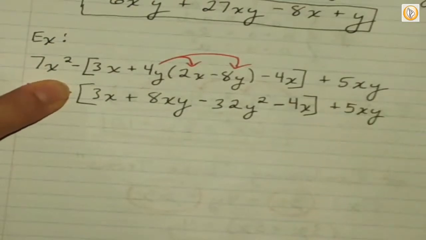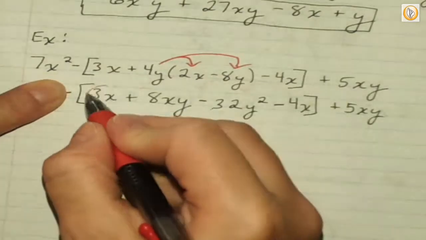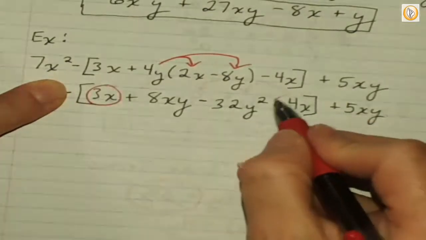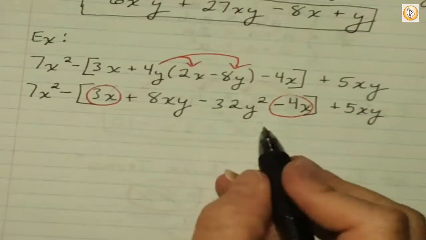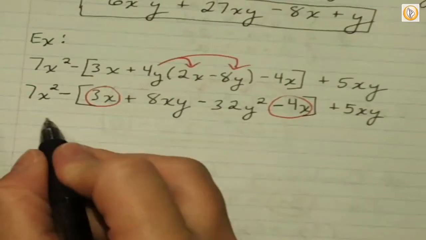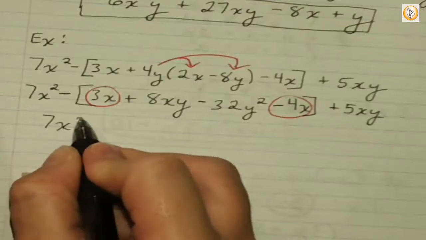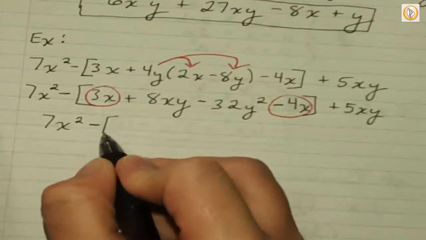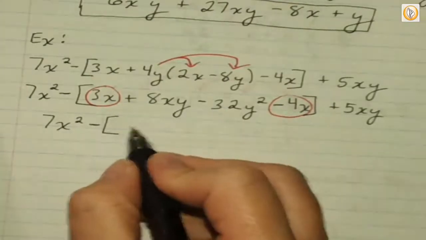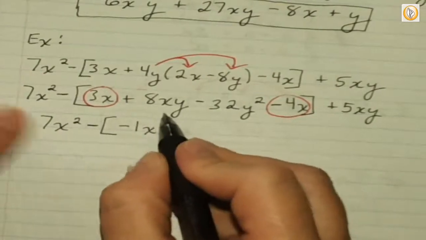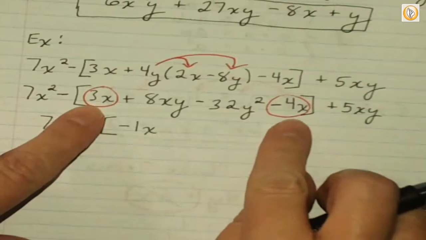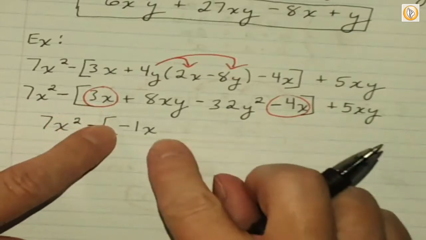We can combine 3x and negative 4x. What does that give you? That's right, negative 1x. So I'm rewriting my problem. Look what I'm doing, guys. Bracket. I'm going to go ahead and put negative 1x, because 3x and negative 4x is negative 1x.